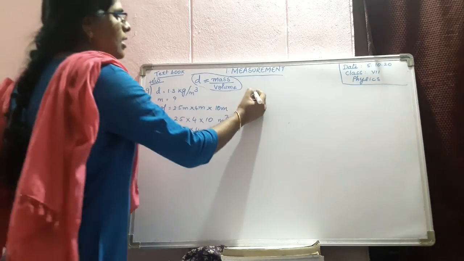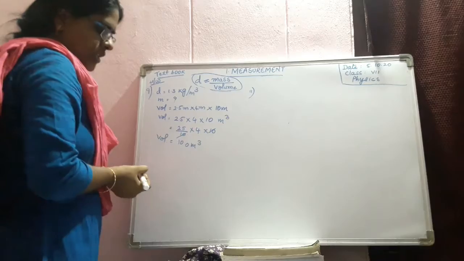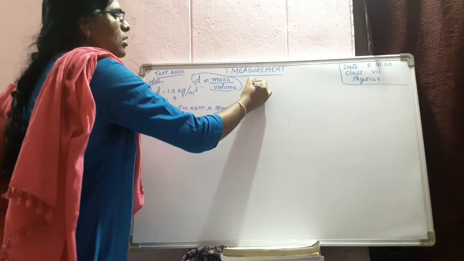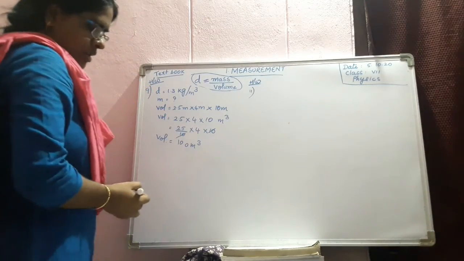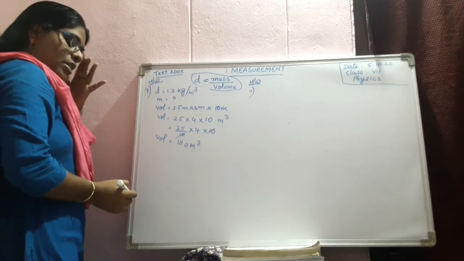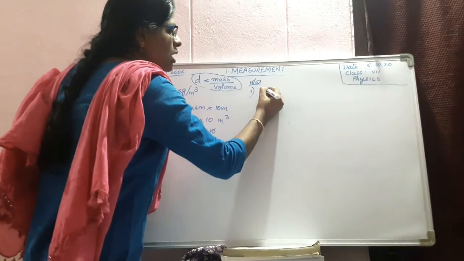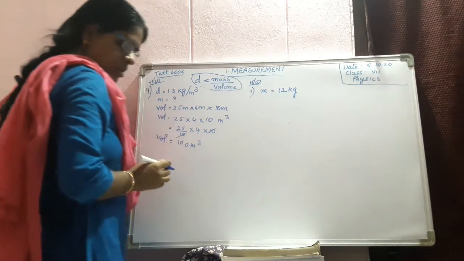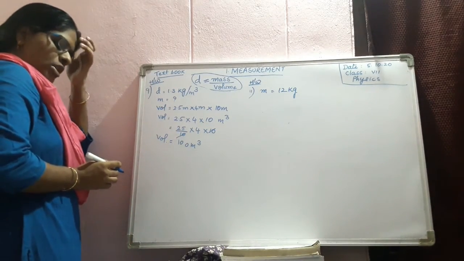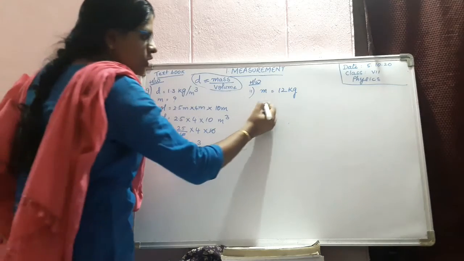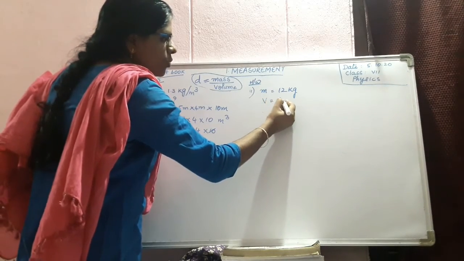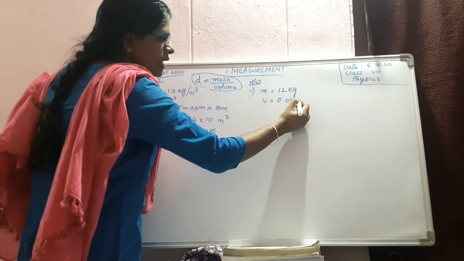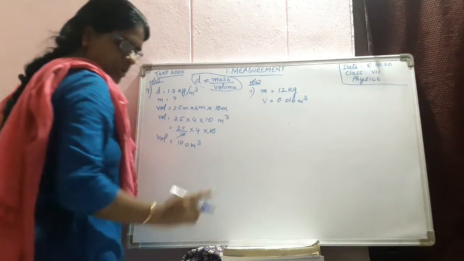Next, look at the 11th problem. This one also you do for homework. A block of wood of mass 12 kg floats in water. Volume of the wood is 0.016 meter cube.